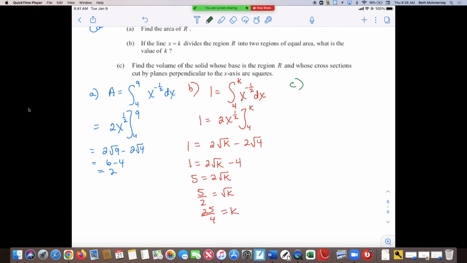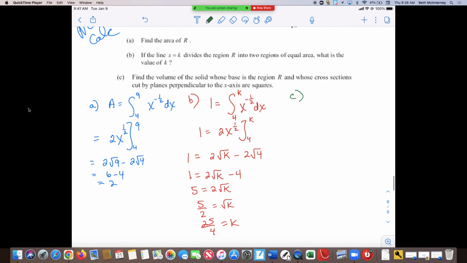All right, letter C. Find the volume of the solid whose base is the region R and whose cross sections cut by planes perpendicular to the x-axis are squares. So I'm going to pause a moment and let's see. This is what we've been working on.